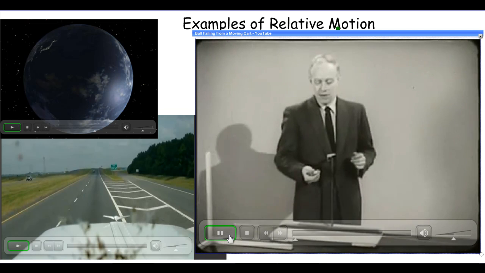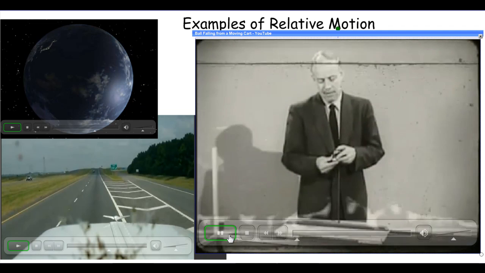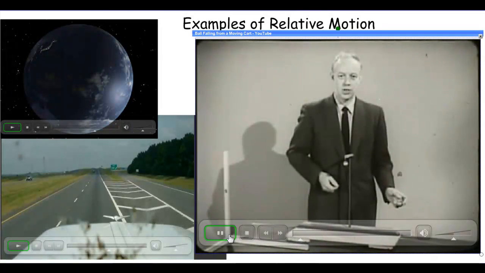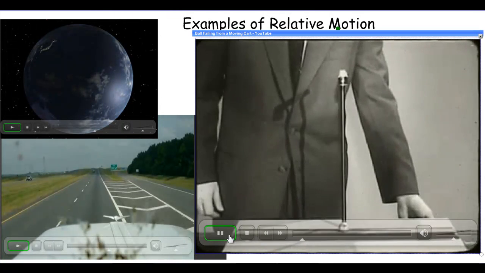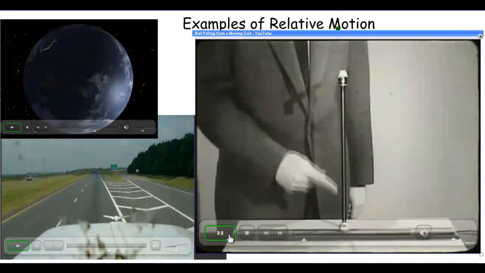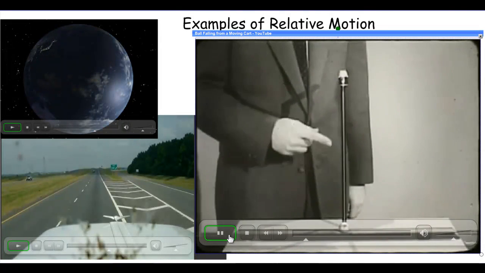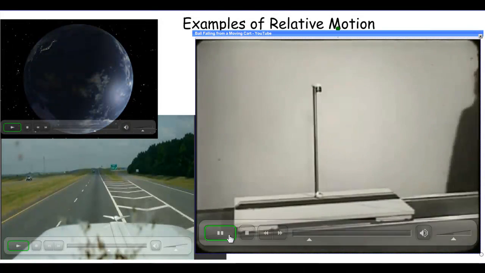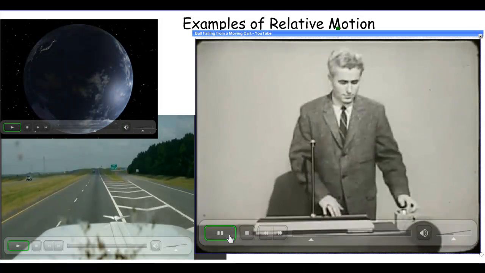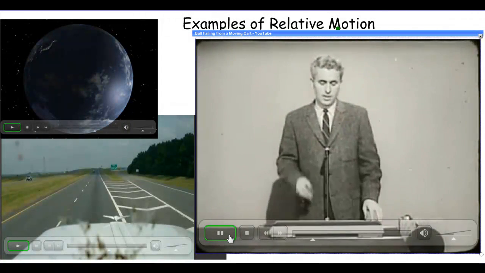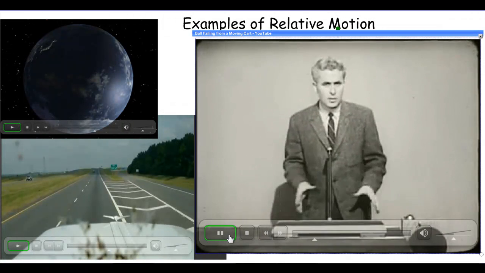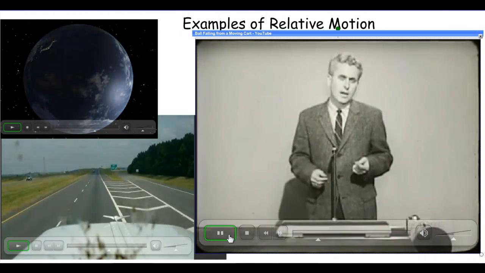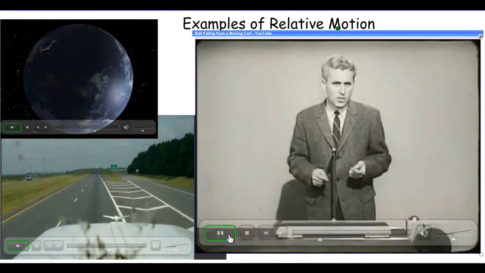This steel ball can be held up by the electromagnet. Now I'm going to open the switch and you watch the motion of the ball. The ball is accelerated straight down by gravity along a line parallel to this vertical reference line. As you can see, the electromagnet is mounted on a cart that can move. And I'm going to do exactly the same experiment that Dr. Hume did, but this time while the cart is moving at a constant velocity.